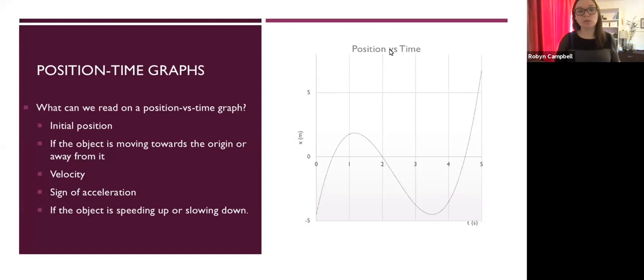Is it moving away from the origin? How fast is it doing so? So we can figure out its velocity, because we can find both its direction and the magnitude of its speed, right? Or the magnitude of the velocity is the speed, right? We can also determine the sign of the acceleration from a position time graph, and also determine if the object is speeding up or slowing down.